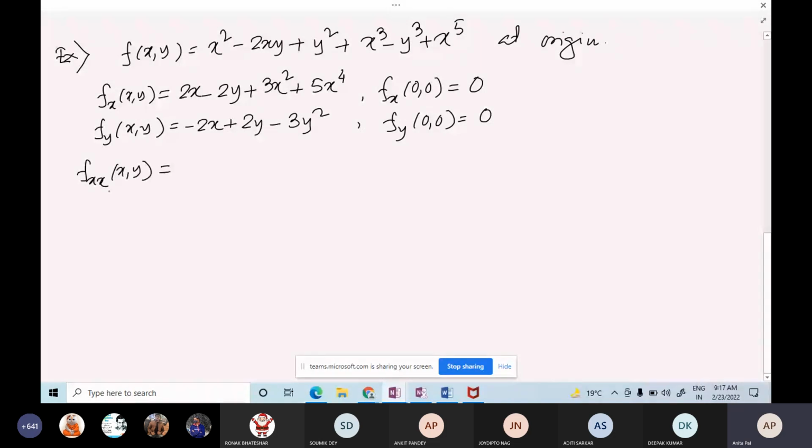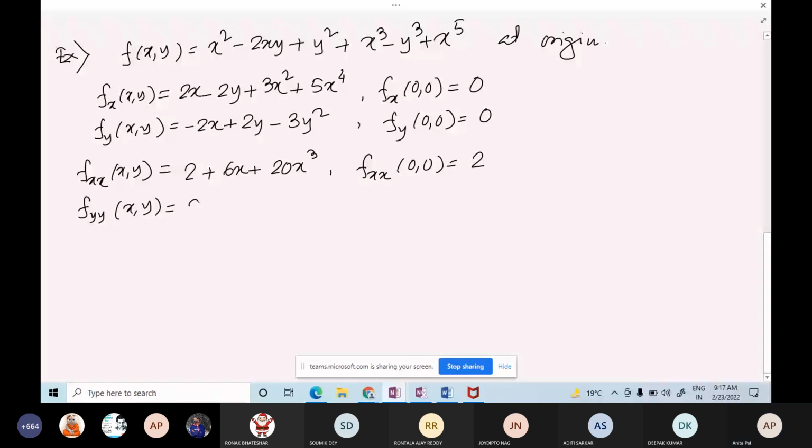What is fxx(x, y)? It is 2 plus 6x plus 20x cube. So fxx at 0, 0 will be 2. Similarly, we find fyy(x, y), which will be 2 minus 6y.